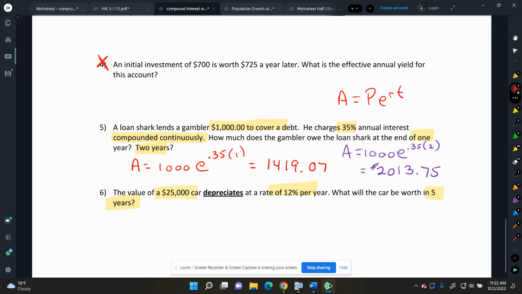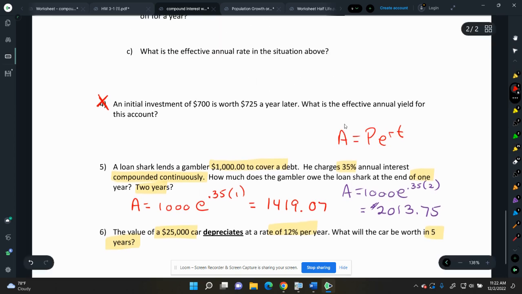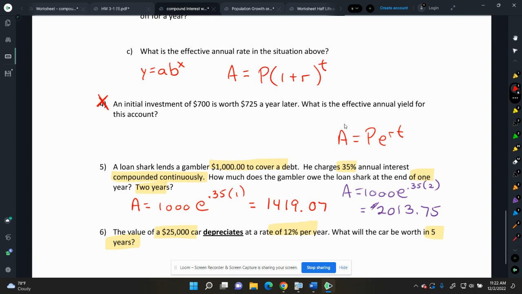Remember, let me just use this blank space up here. We started off talking about exponential growth and decay functions, right? Then we moved on to compound interest. I'm just going to keep it real simple for now, right? Compound interest is an exponential growth function.